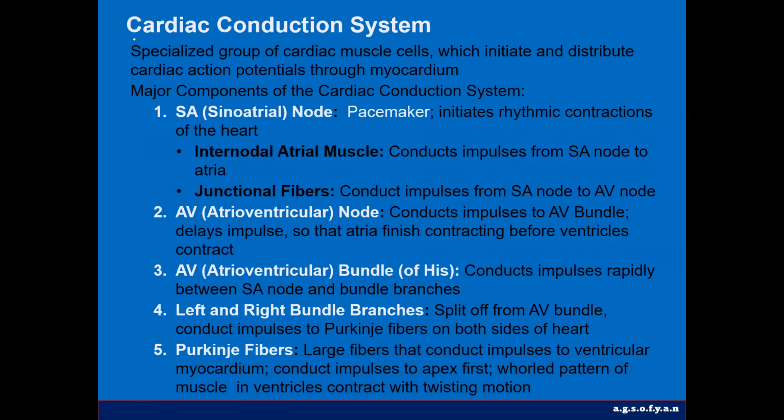The cardiac conduction system consists of 5 components. The first one is called the sinoatrial node or SA node, and this is our natural pacemaker. This sinoatrial node is actually a group of muscle in the right atrium that will start the contractions of the heart muscle.